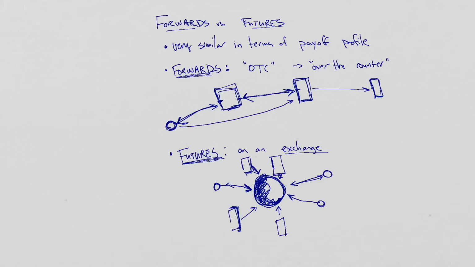The one situation in which forwards are useful for using derivatives to eliminate exchange rate risk or other types of risk is that forwards are very customizable. You can really get a forward contract on anything, whereas with futures contracts, because you have so many different participants going in, there's got to be some standard of uniformity in this exchange.